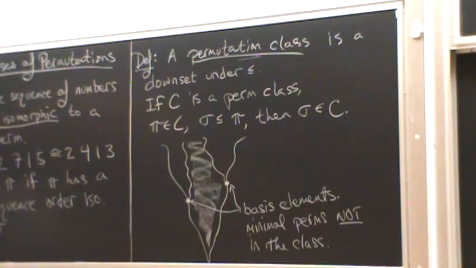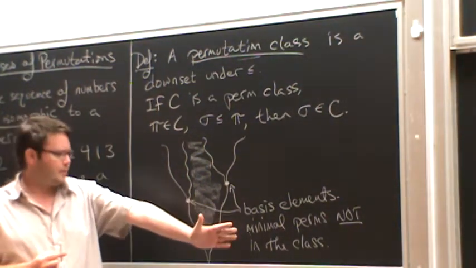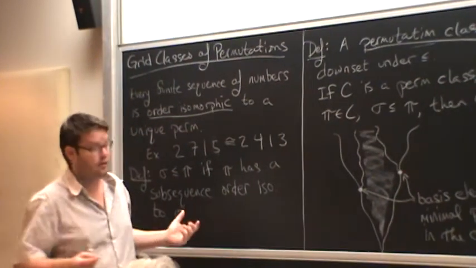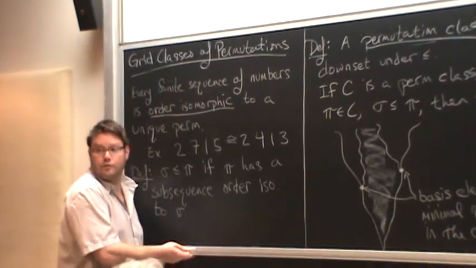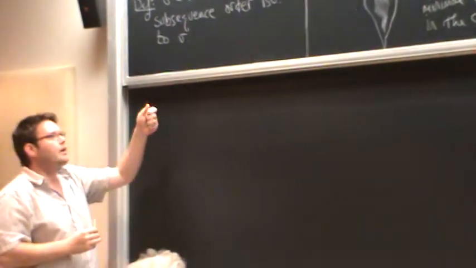Basis is sort of a terrible word for this. Usually we think of a basis as building the things. In this case, the basis is exactly the things that aren't built. They're exactly the things not in the class. For any class, there is this set of minimal permutations that aren't in the class. And conversely, if I give you a set of minimal permutations that aren't in the class, you can build the class. So this is a unique description of permutation classes.